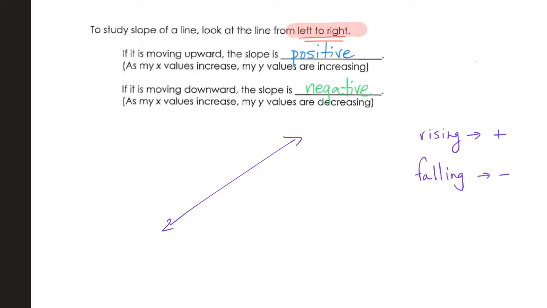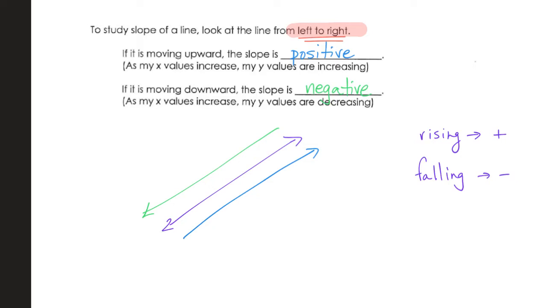One of the issues that we get is there's a lot of people who could look at that purple line and say, but isn't it doing both? If I viewed that line moving left to right, then that line is rising. However, if I looked at it from right to left, then it's falling.